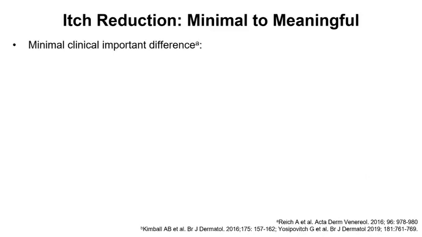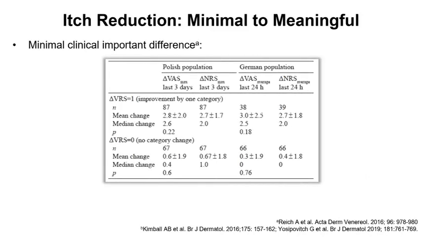First, we have the minimal clinically important difference. And this study was done in Poland and in Germany around the VAS and the NRS, asked for the maximum and the average, and the numbers were all similar. Here we have to have a reduction between 2 and 3, so that the patient experiences that there is a drop of the itch intensity.